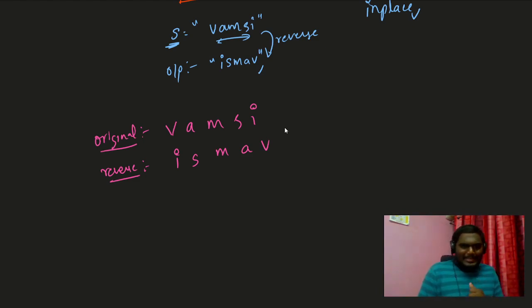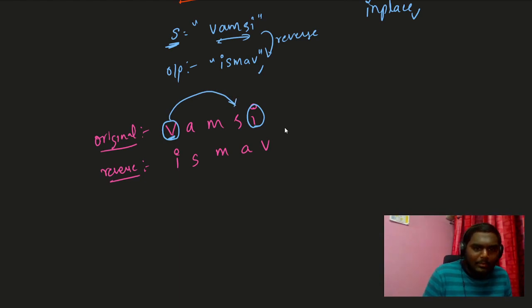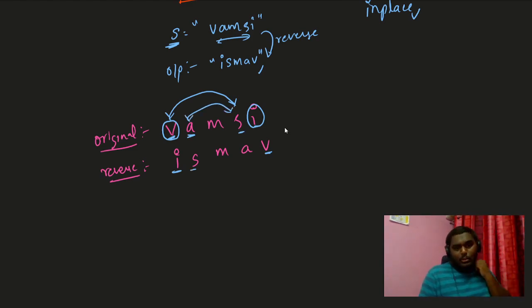I can clearly see that the first character has been exchanged with the last. It went to last and this came to first, right? Do you agree? Now what about this? Again, these both have exchanged their places, S and A. Now what happened? Since only one value is left, we simply put that there, and the job is done.